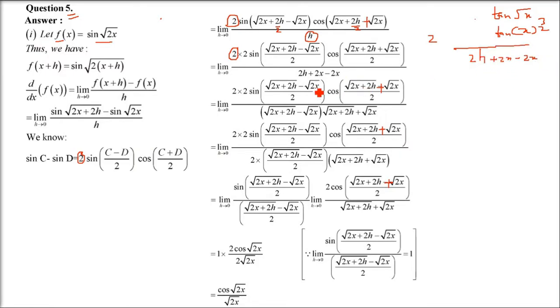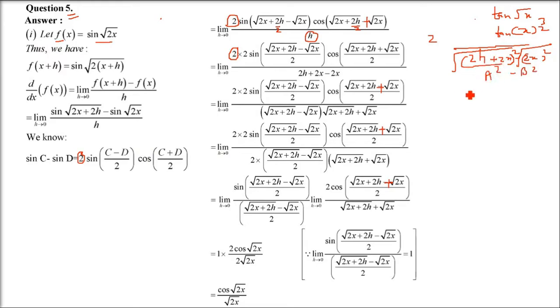Now 2x plus 2h is under root. Still we have something to do. If I take root and square, it will be the same term. Here also if I take root and square, it will be the same term. So you have the a squared minus b squared formula.